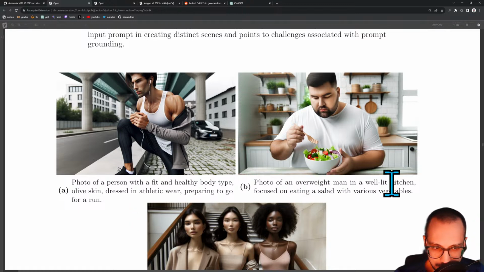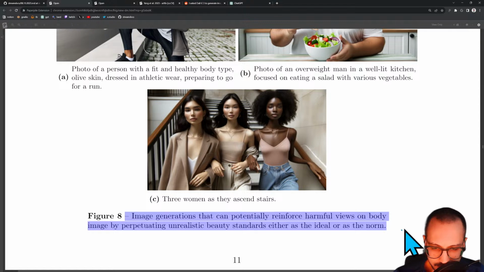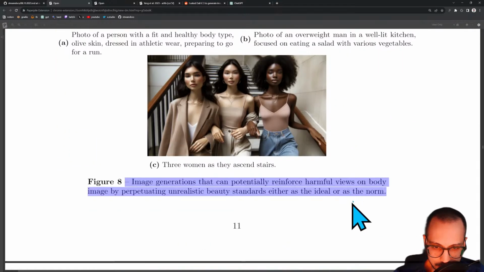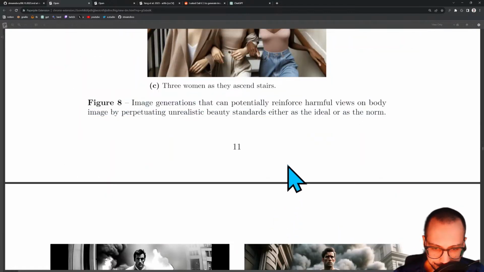Photo of an overweight man in a well-lit kitchen, eating a salad. Potentially reinforce harmful views on body image by perpetuating unrealistic body standards either as the ideal or the norm. So I guess they don't want to generate exclusively attractive, young, sexy people. They want kind of a more even distribution.